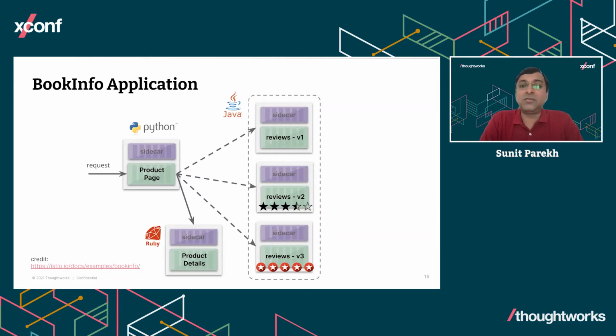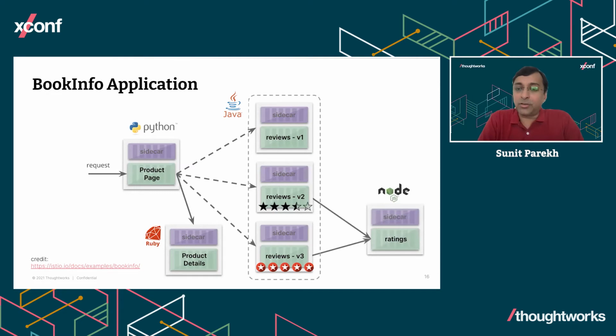All 3 versions of the review service are written in Java. You have review 1 with no rating, review 2 with rating in black color, and review 3 with rating in red color. Now the review service makes a call to the rating microservice, which is written in Node.js.